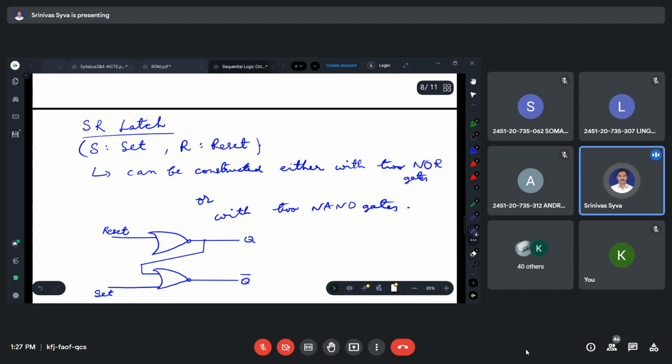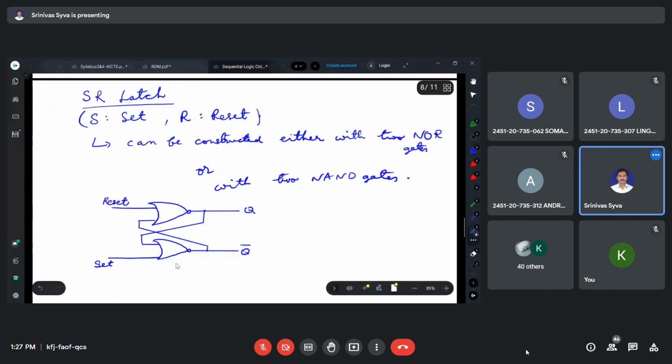One more feedback path from the complement output. Like this. Right? This is the SR latch device. Okay.